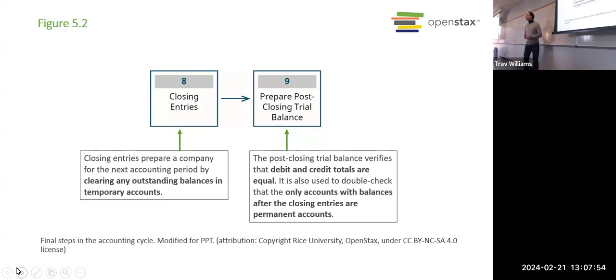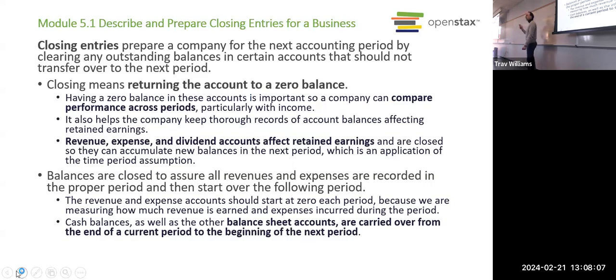However, most accounts don't get closed out, so we only have to do it with certain accounts. And once we've done that, then we just make our post-closing trial balance using the same approach we would use for other trial balances.